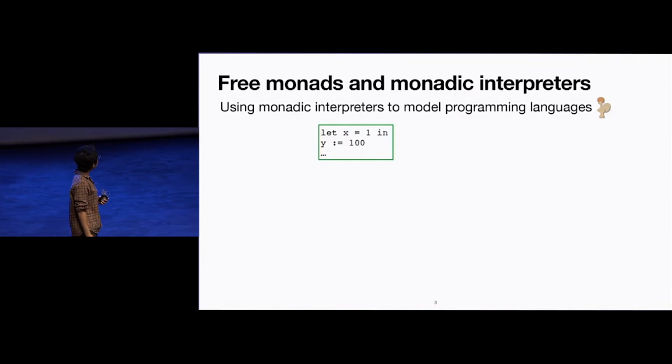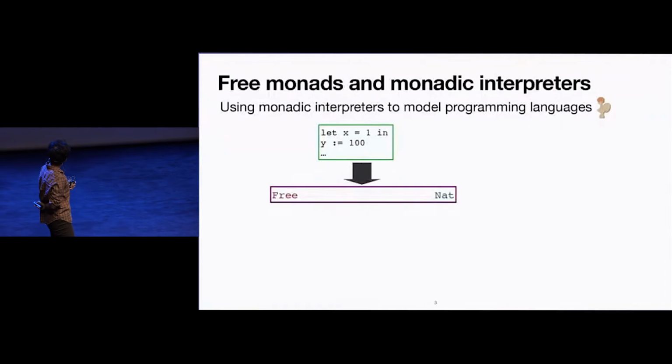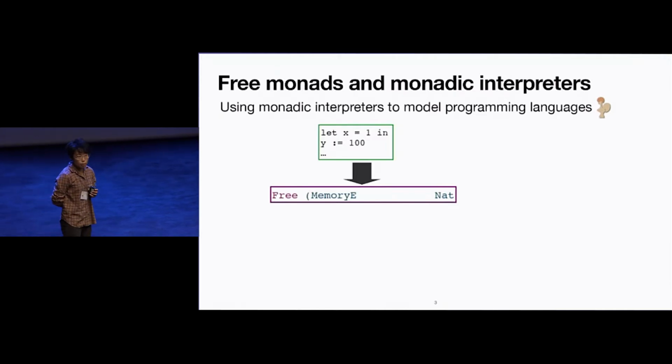We can give a semantics to it by using monadic interpreters, given this roughly OCaml snippet saying that you have a write to a local variable X and a write to a reference cell Y, which should be writing to memory. You can encode this as a free monad that may possibly return a natural number value where you encode the reference cell by saying you have some memory events, and then the local variables are encoded with local events.